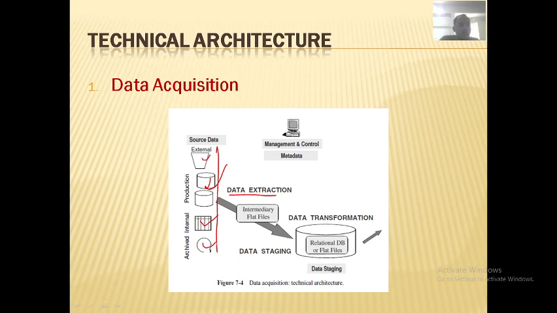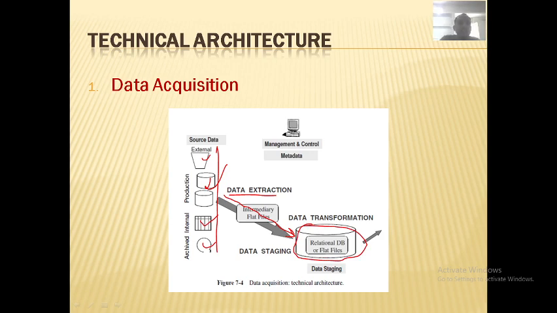Now we need to extract that data and make flat files, which are of a common platform format. This extracted data then comes into the data staging area, where it is extracted and stored.